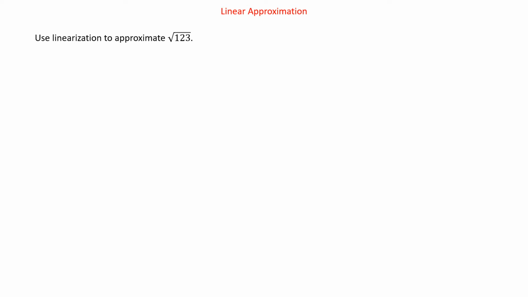A couple more examples. Use linear approximation for the square root of 123. The square root of 123 is going to be really close to another number, because we know the square root of 121.